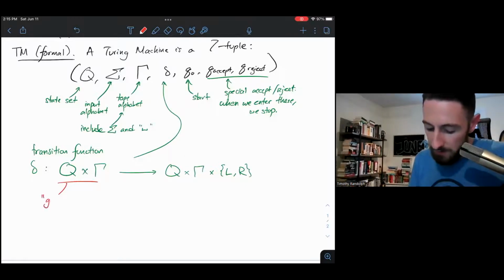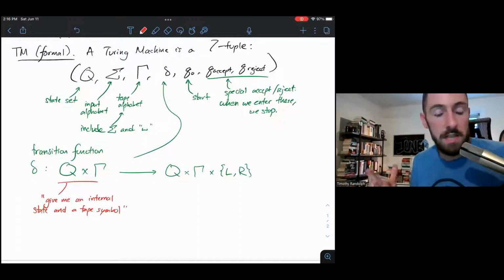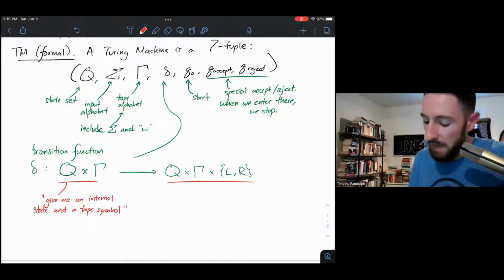This first part says, give me an internal state, something in Q, and a tape symbol, that is, whatever I read from the tape square that I'm looking at right in the moment. And I'll tell you what to do. I'll tell you a new internal state to go to, and a tape symbol to write.